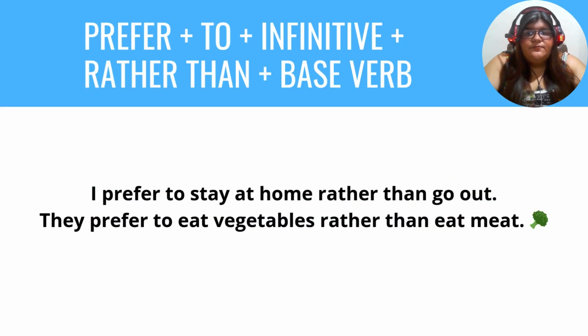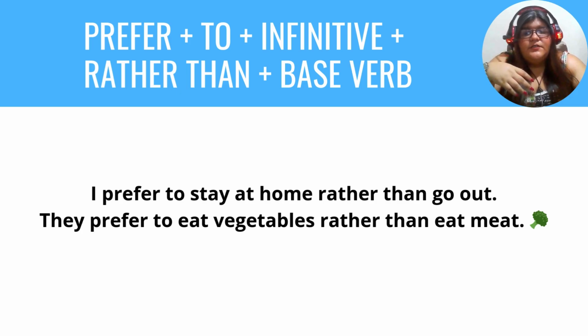Then we have again prefer plus to plus infinitive plus rather than plus the base form of the verb. I prefer to stay at home rather than go out. Then we have they prefer to eat vegetables rather than eat meat. If you see here, we could use rather or prefer to express our likes, things that maybe we like more than others.